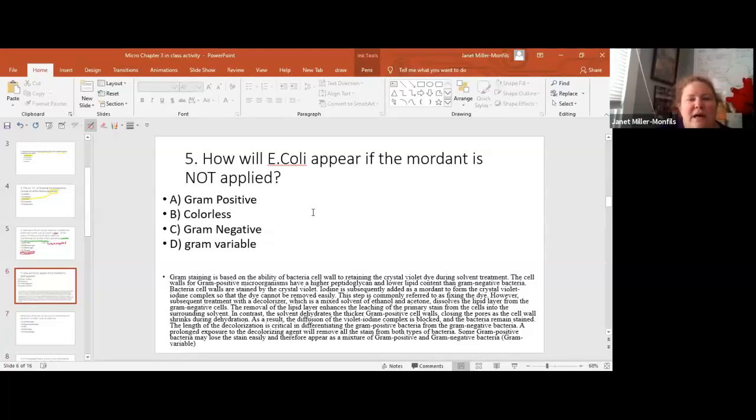So how will E. coli appear if the mordant is not applied?